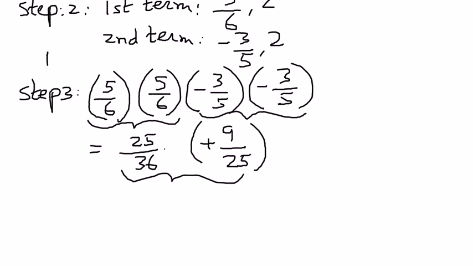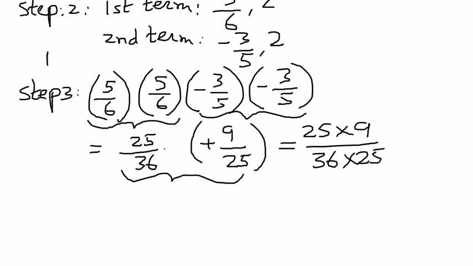We need to simplify this part of the equation. We're going to multiply the numerator parts and multiply the denominator parts. Let's write it together this way: 25 times 9 divided by 36 times 25.